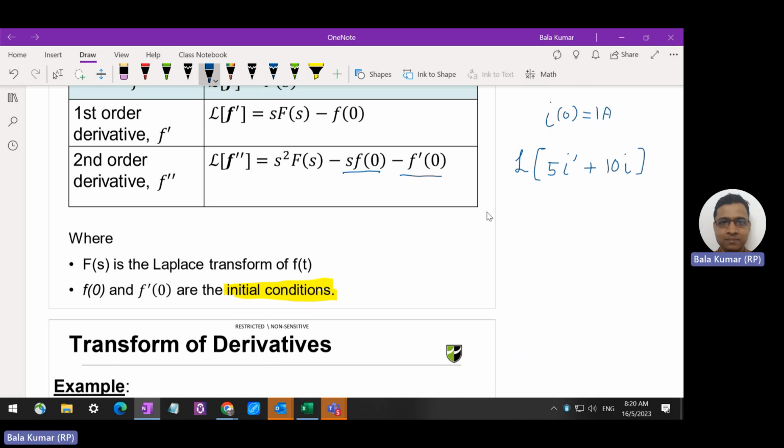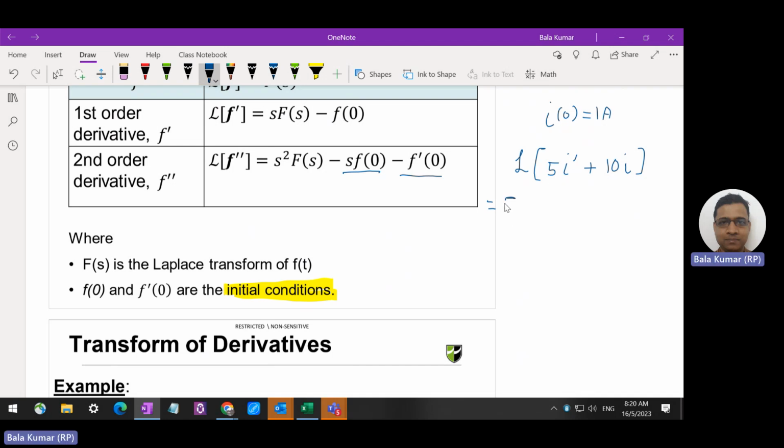So the steps are very straightforward. We just refer to this table over here, or this transform over here, and substitute. Whenever we see i prime, we replace it. But now instead of F, it is I. So we replace this capital F with capital I and small f with small i.